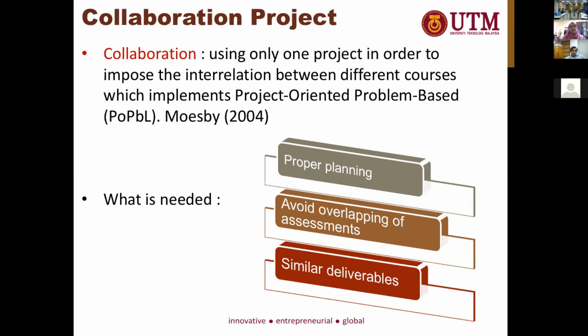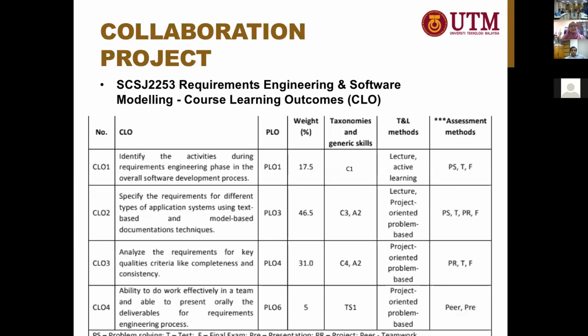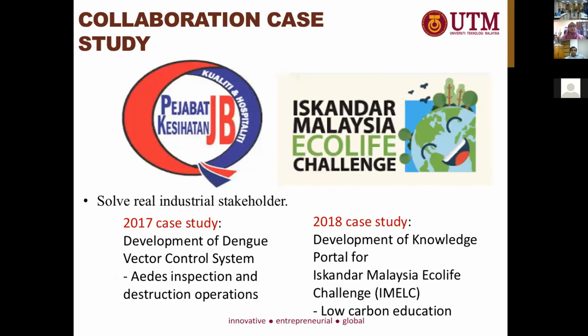collaboration project. In order to plan this collaboration project, we need to make the 2 courses synchronized in terms of their project and what we are going to assess. For example, software engineering has its own course learning outcome, and requirement engineering has its own course learning outcome. But somewhere, both lecturers need to sit and figure out how to synchronize the activities of these 2 courses, because the students will only use this one project.